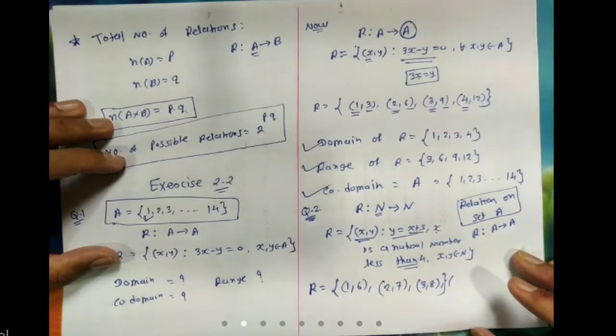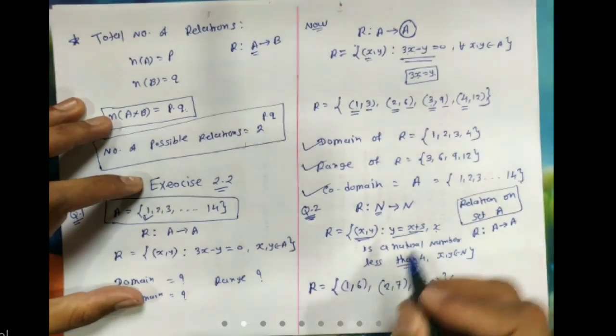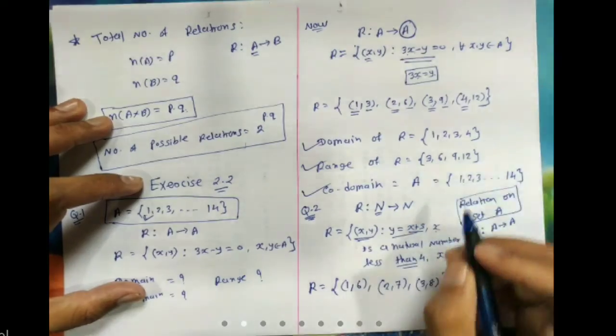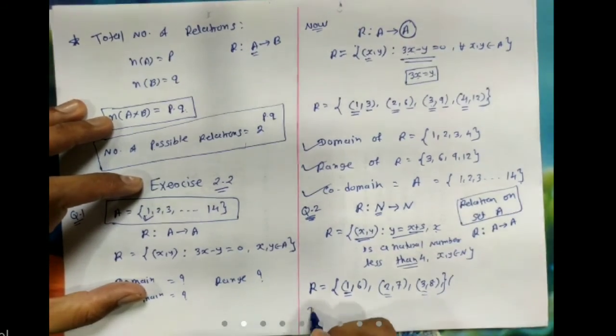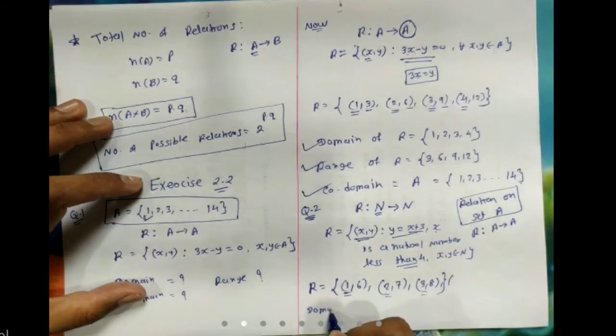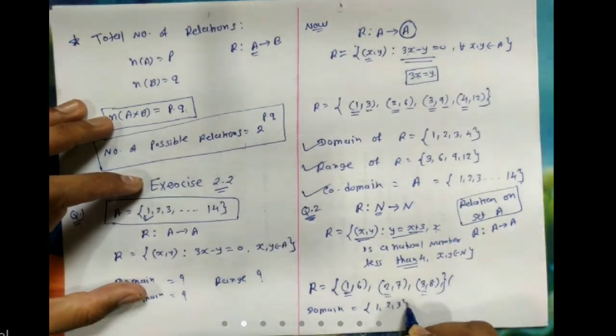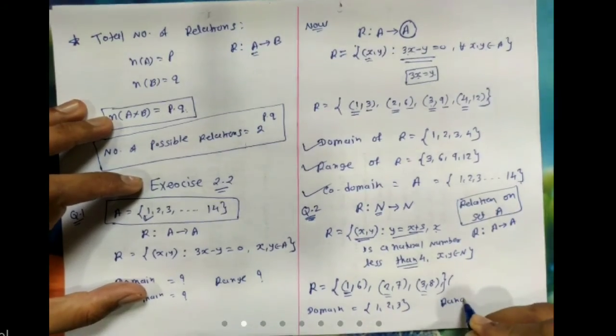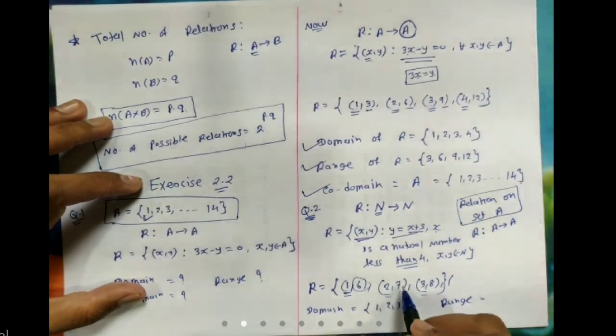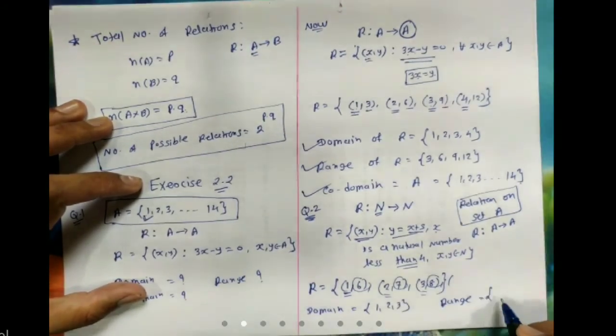Now here you have to define the domain. Domain is the set of all the first elements. So the first elements are 1, 2 and 3. So the domain of the relation is 1, 2, 3. You can also write the range. What is range? The second elements: 6, 7, 8.